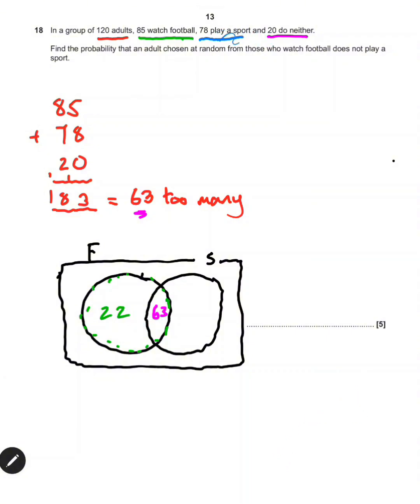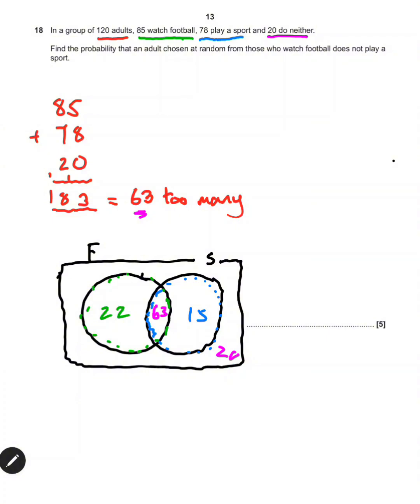I've got 78 people playing a sport, so all of this needs to come to 78. I've got 63 of them there. This part must be 15. 15 and 63 is the 78. Don't forget the 20 people that do neither. I can quickly check that these numbers add up to 120. 22 add 63 is 85. Add 15 would be 100, and add the 20 is 120.